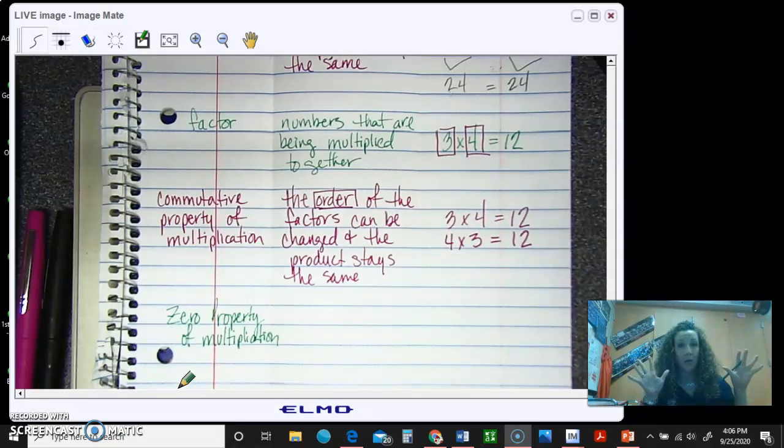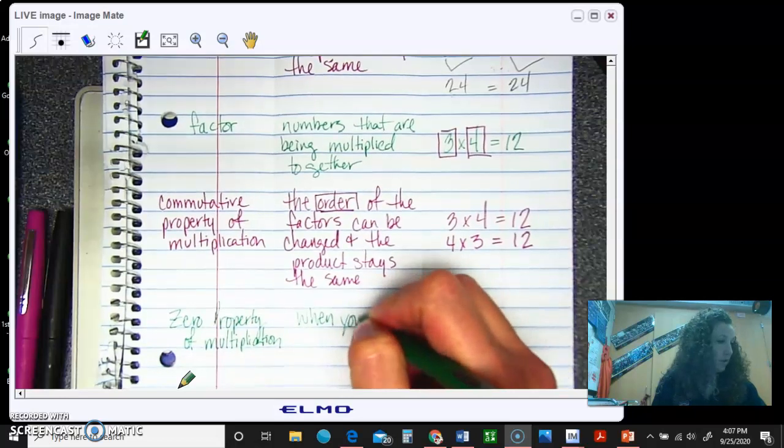Mind blown, right? You'll learn. I get really sarcastic sometimes. When it's super easy, I play around with your brain a little bit, mess with you a little bit, okay? Zero property of multiplication. When multiplying any number by 0, the product is always 0, okay?